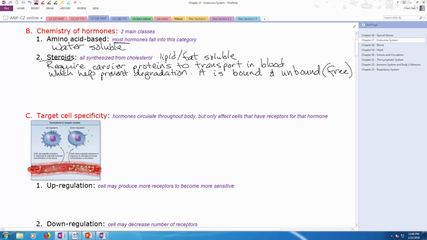So when you hear free hormone levels, they're actually talking to you about probably steroid-based hormones and the carrier proteins. So bound means carrier proteins moving it around, and unbound means that we've actually released it to go into our target cell.